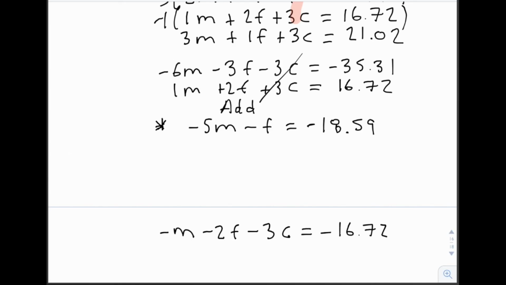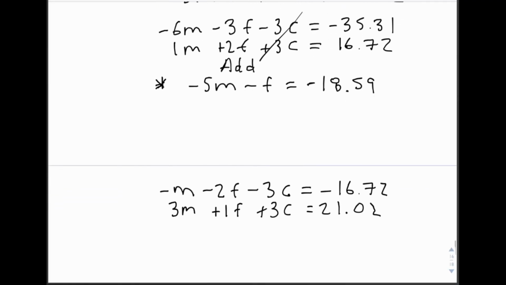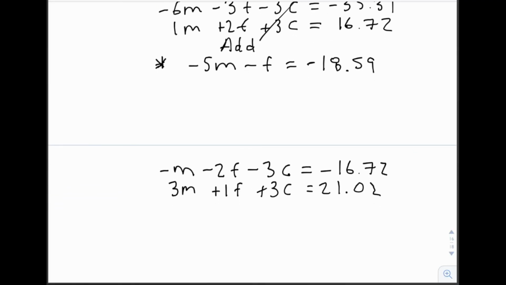And our bottom equation there is going to remain the same: 3m plus 1f plus 3c equal to 21.02. So all we need to do now is eliminate our variable c here. So c is out, and we can add here. Let's add and see what we are left with. We are left with 2m minus f equal to 4.30.